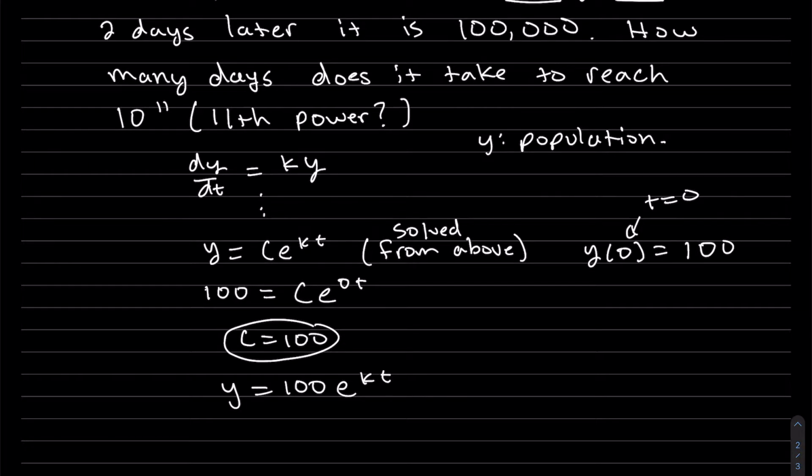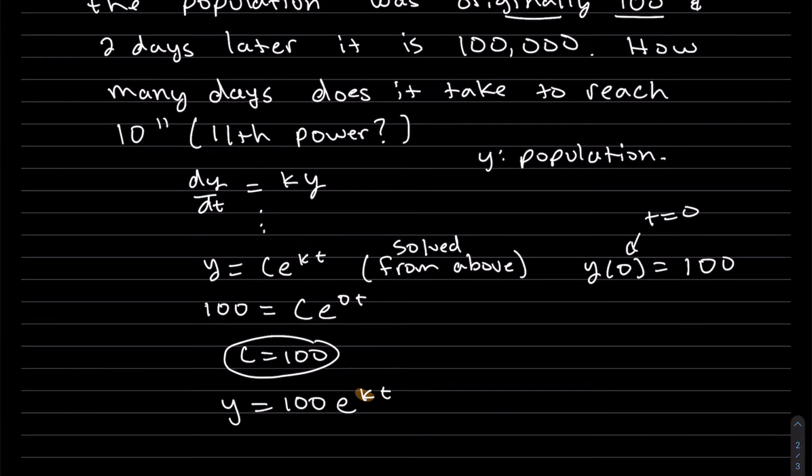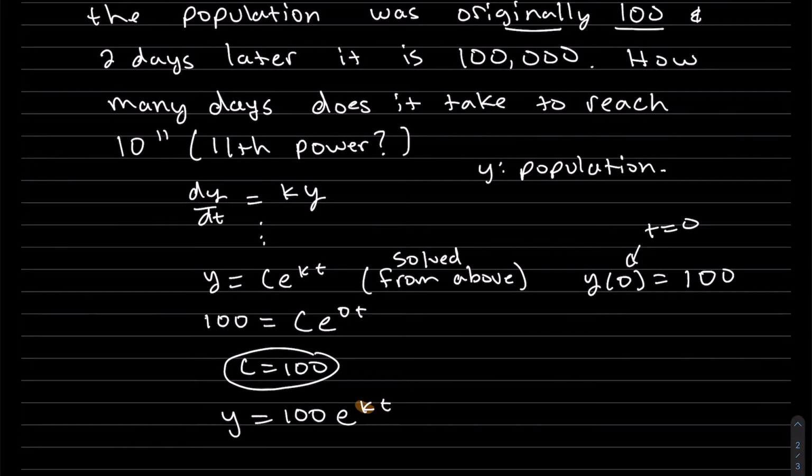Now we have a second point in time, because now we want to be able to find k, our second constant. So we use our second point in time, 2 days later. So that's when t is equal to 2, y is 100,000. So that's y of 2 equals 100,000.